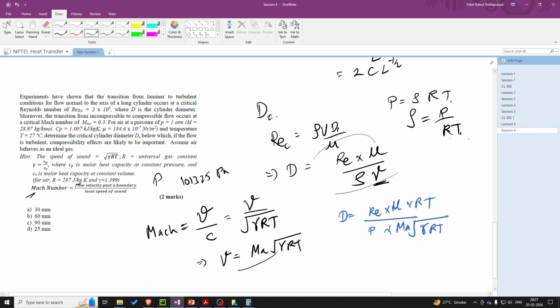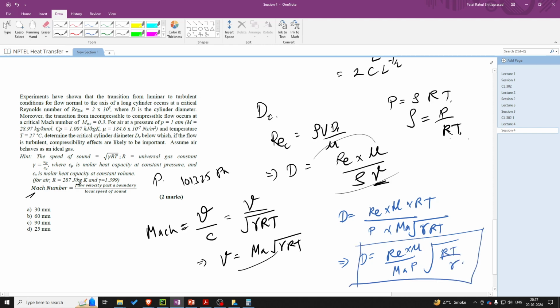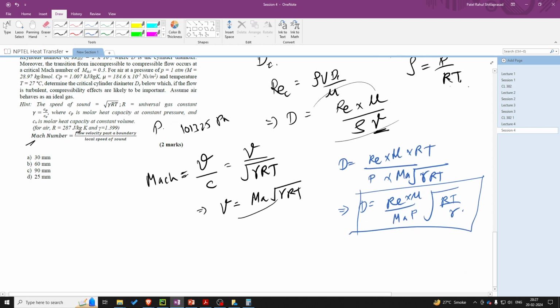So the diameter in this scenario will become Reynolds number upon Mach into mu upon pressure, then root of RT upon gamma. So this is the formula for critical diameter. Then you need to put all those values.